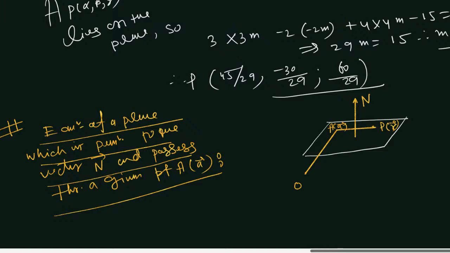Now join A and P. This is the origin. OP is the vector r. OA is the vector a. You have to write the equation of this plane. So AP is perpendicular to n. What does this imply? AP dot n equal to 0.